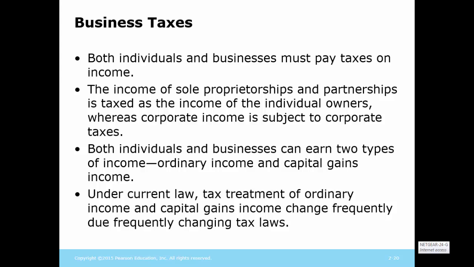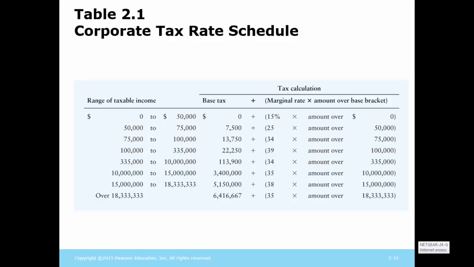A corporation's net profit from its operations is taxed at ordinary income levels, and likewise capital gains are taxed for the sale of assets. So under the current tax law, the tax treatment of ordinary income and capital gains changes frequently. So we're going to make some basic simplifying assumptions just so we get the flow of how taxes are actually calculated.